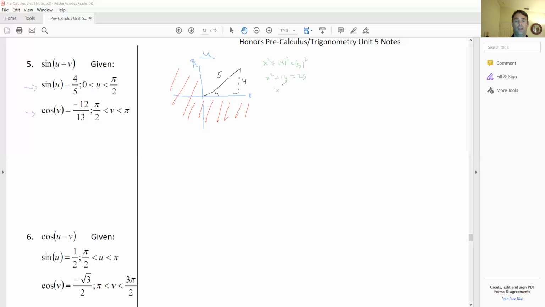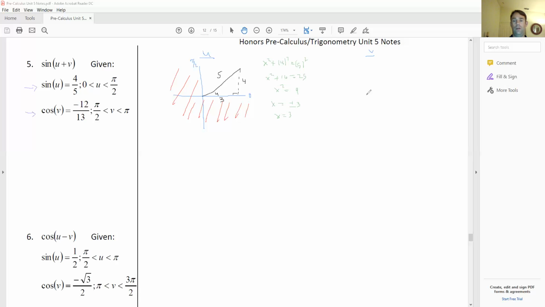X squared equals 9. So x equals plus or minus 3. And since I'm in quadrant 1 here, that's going to be a positive 3. So I'm going to put a positive 3 down here. Well, friends, using the same idea, see if you guys can go through and figure out what the triangle for V would look like now.